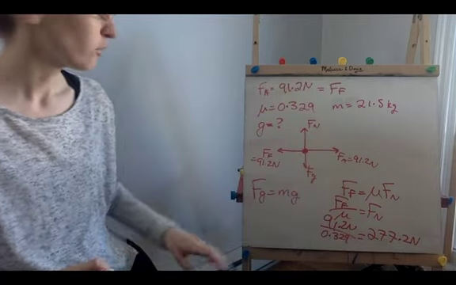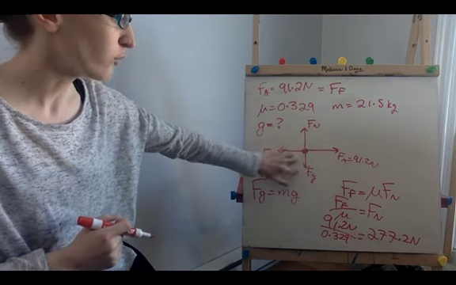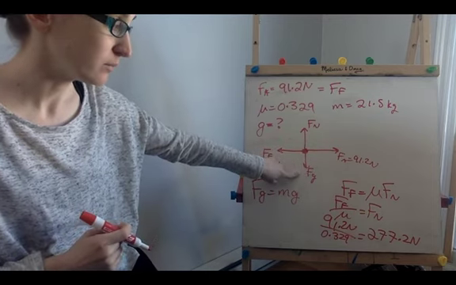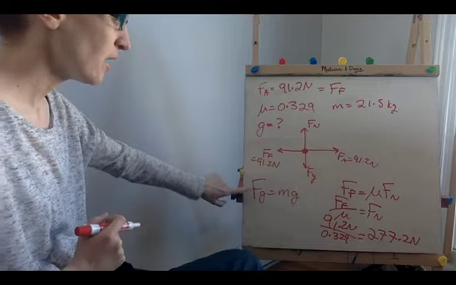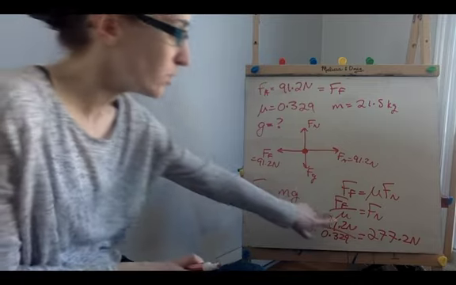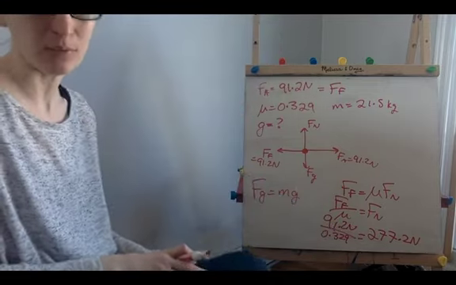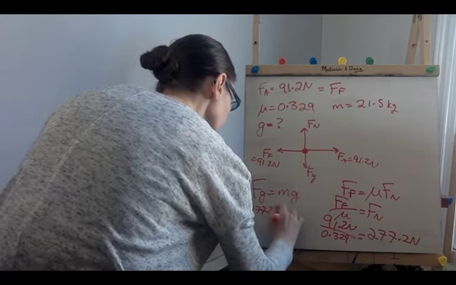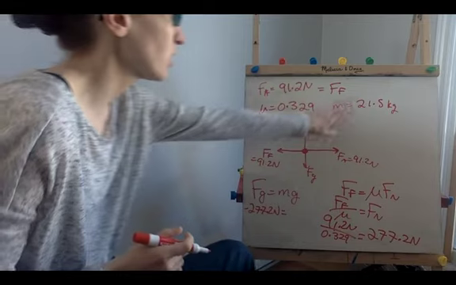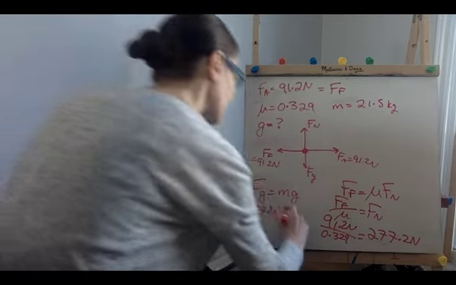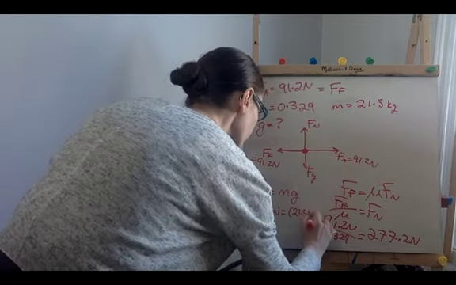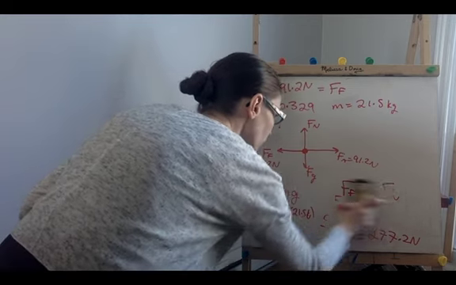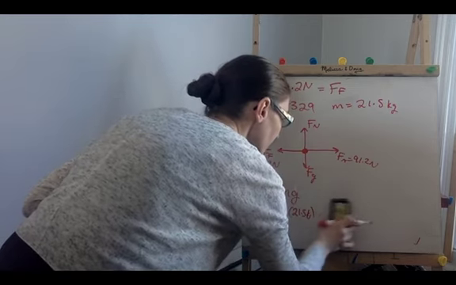Again, remember that your force of gravity and your normal force are equal but opposite. So that would mean your force of gravity was going to be negative 277.2 newtons. We have the mass of the ice block, 21.5 kilograms, and what we're trying to find here is that value of g.